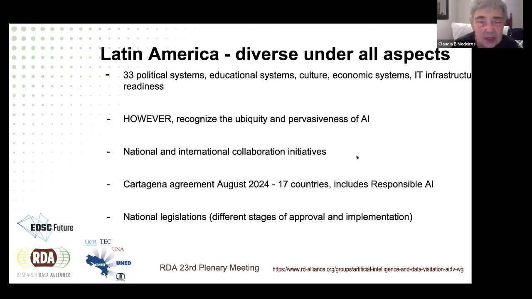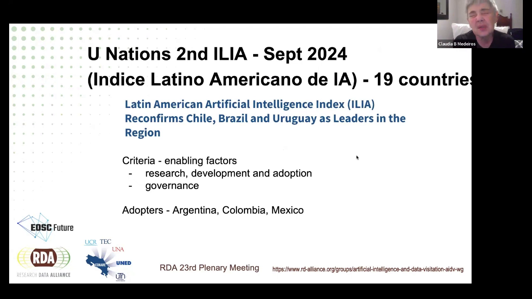Please change the slide. Okay, so just to stress the discussions in this region, there was a study with a meeting in Chile in September this year concerning the Latin American Artificial Intelligence Index that analyzed all 19 countries concerning AI preparedness, enabling factors, research, development, and adoption, and governance.